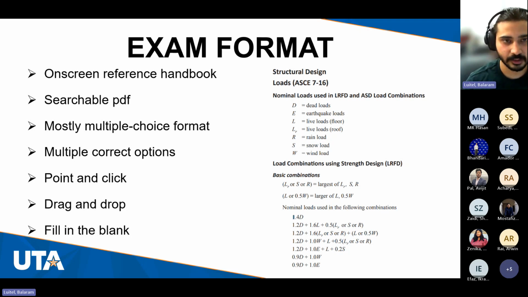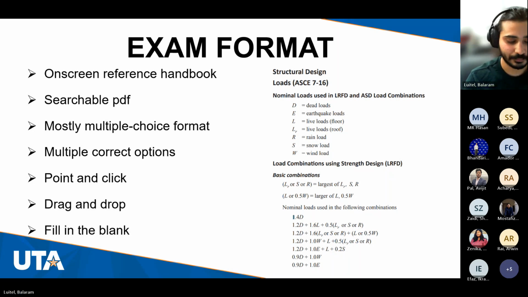It's an almost 500-page document that includes all the reference materials for civil engineering, chemical engineering, materials engineering, and all seven disciplines of the FE exam. So you need to know exactly where to look for what page number, what section, for the reference you want to have.